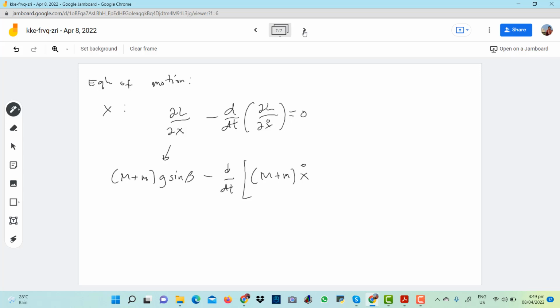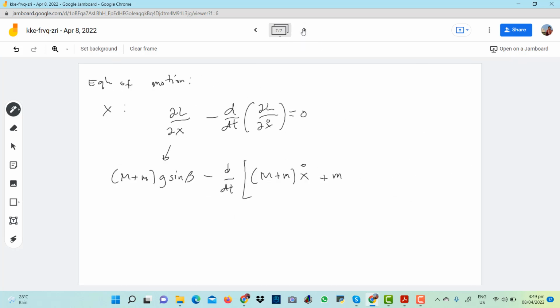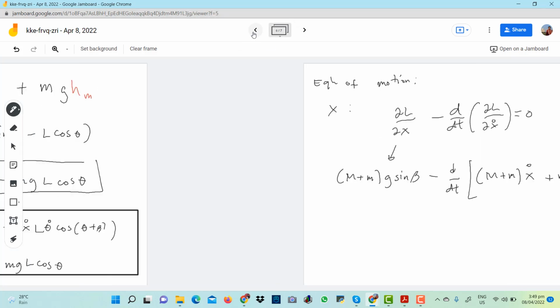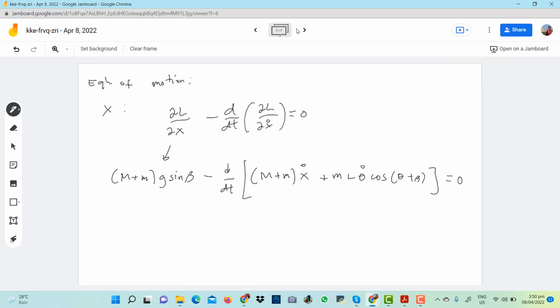So I have plus m, M L theta dot cosine of theta plus beta equal to 0. Okay, so that's correct.